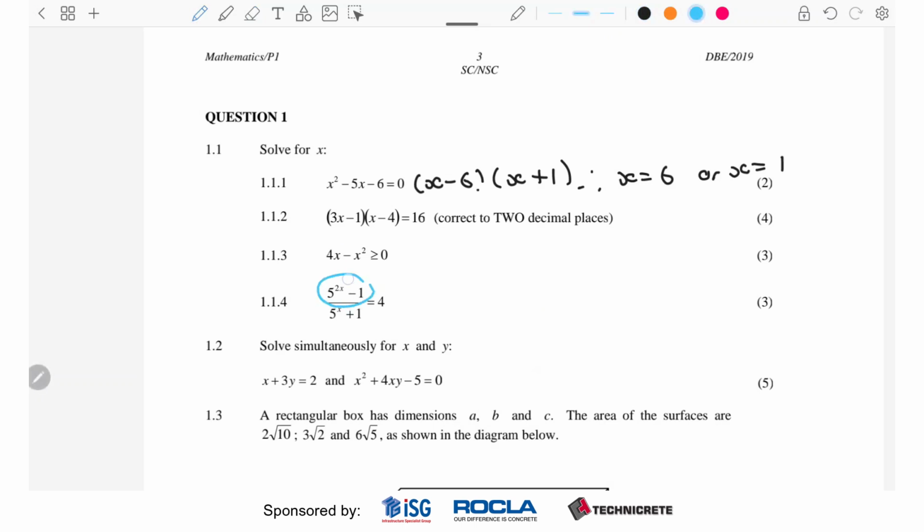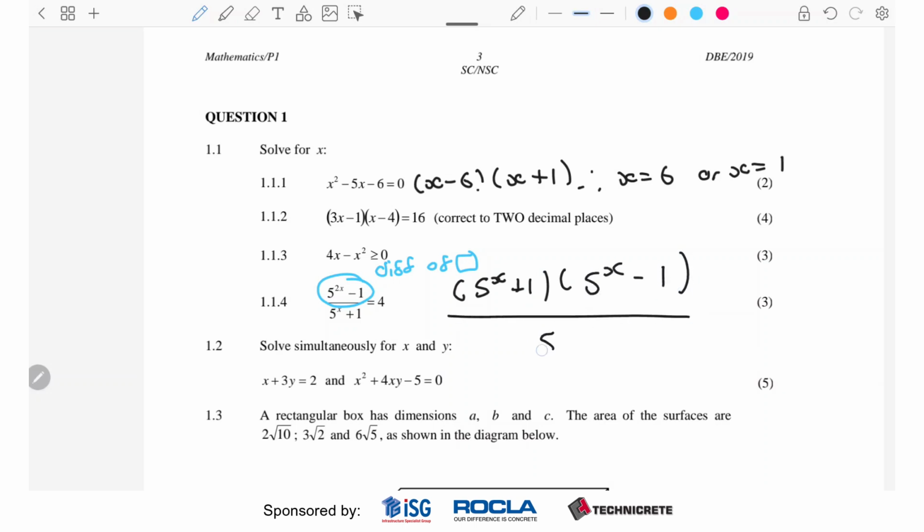The numerator here, I can immediately see this is a difference of squares, which means we can factorize it. So this will give me, in brackets, 5 to the power of x plus 1, bracket 5 to the power of x minus 1, over 5 to the power of x plus 1 is equal to 4.